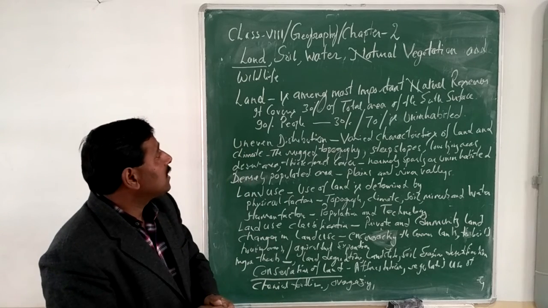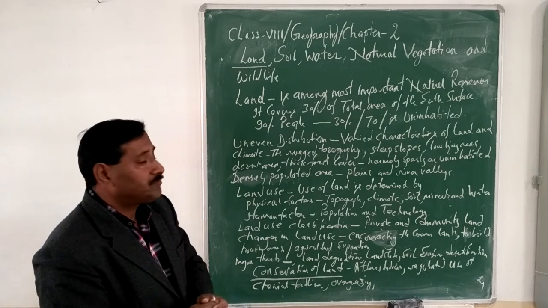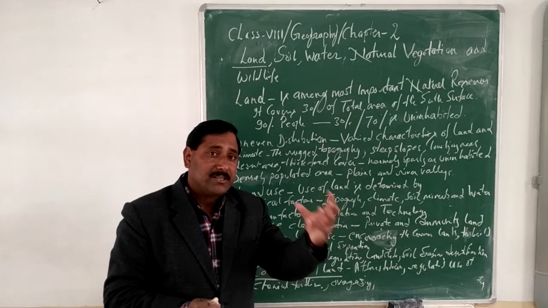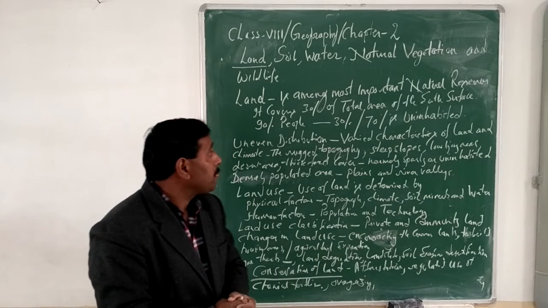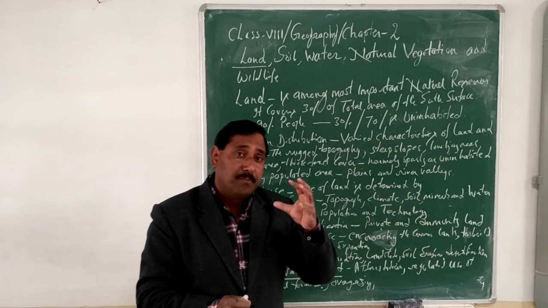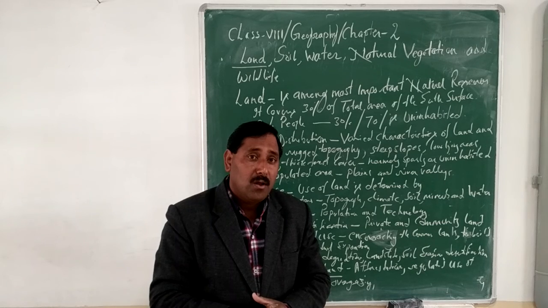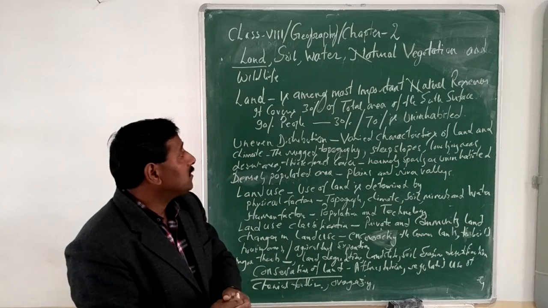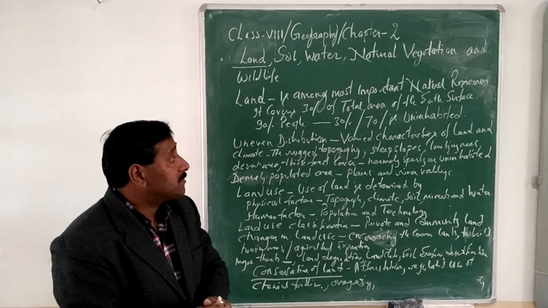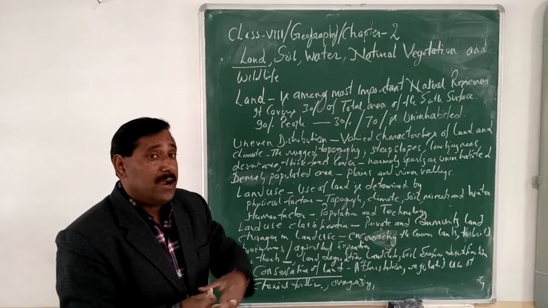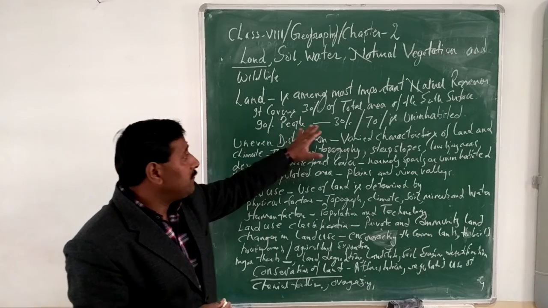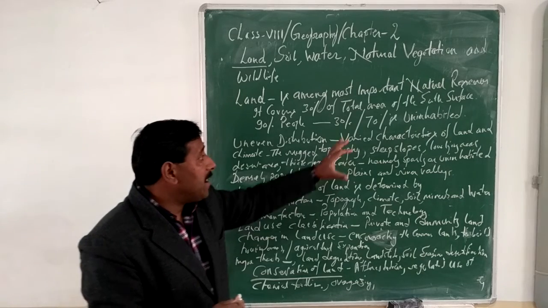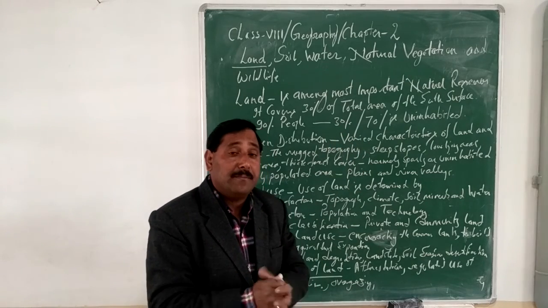And out of this 30%, this is a very interesting fact: 90% of the people of the whole world live on this 30%, and the remaining 70% of land is still uninhabited.